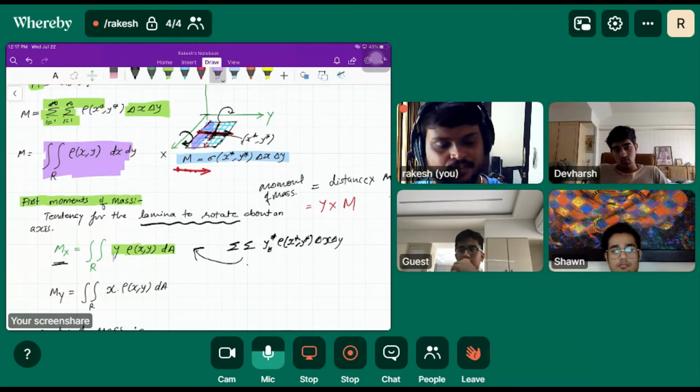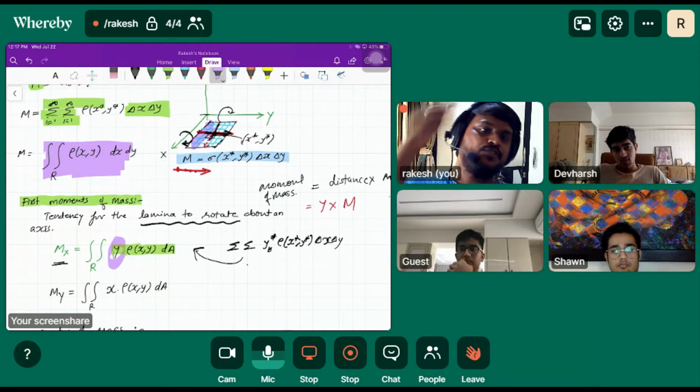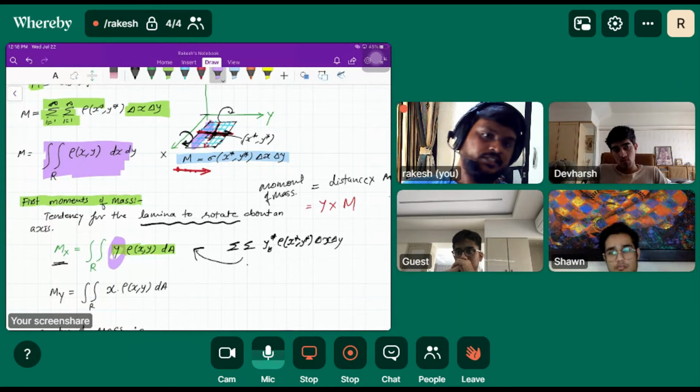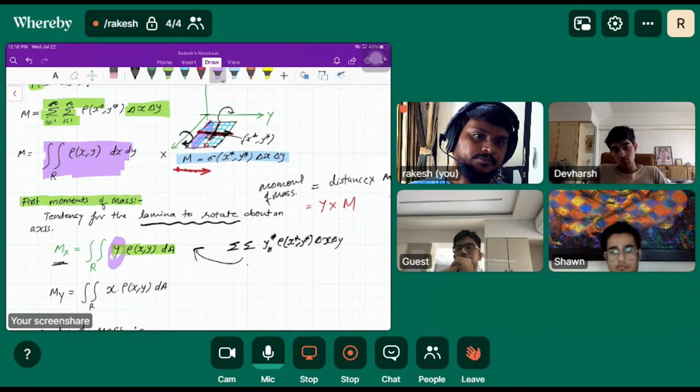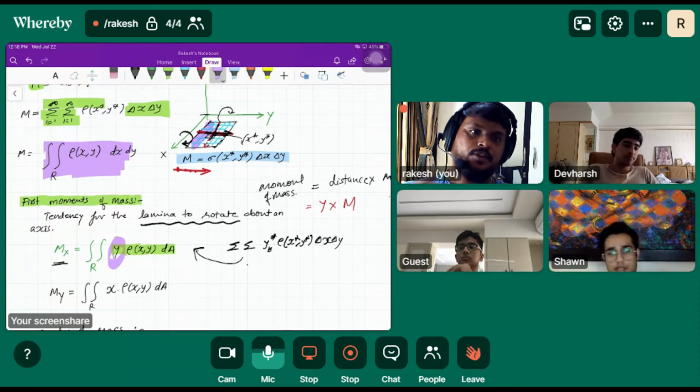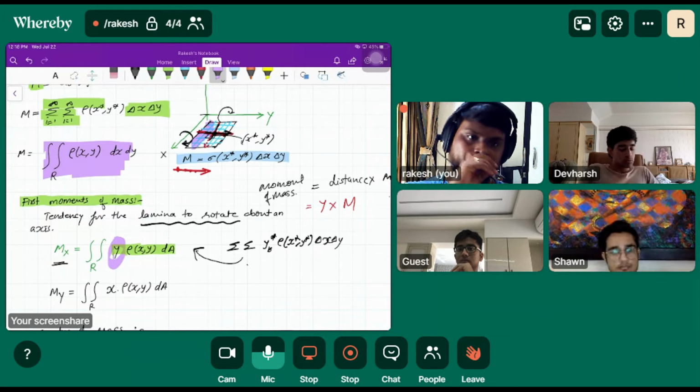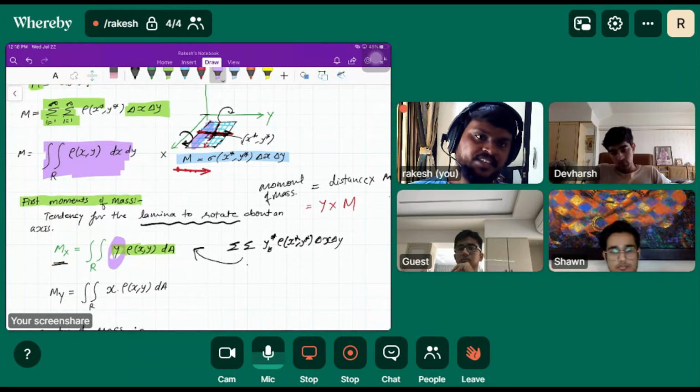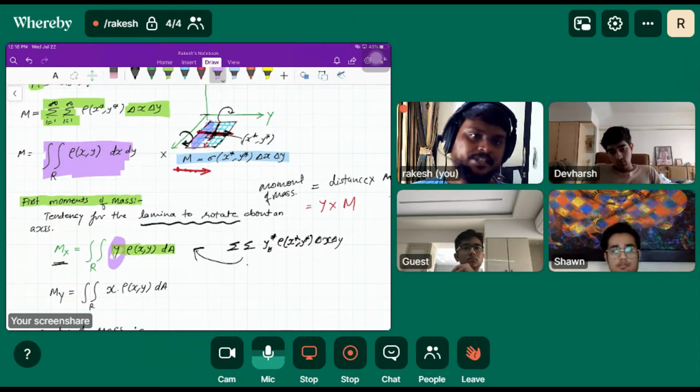That's why this y came from y into mass, and the mass is the mass density function into area. Therefore y rho(x, y) dA. Makes sense? The same explanation applies for the y-axis. I hope it's clear.